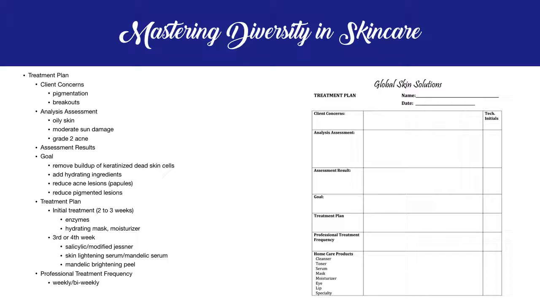But most important, remember we talked about her oily skin. A modified Jessner has lactic acid combined, and lactic is very hydrating. So even though that skin has become balanced, you still want to maintain hydration. So I would choose modified Jessner instead of just a salicylic.